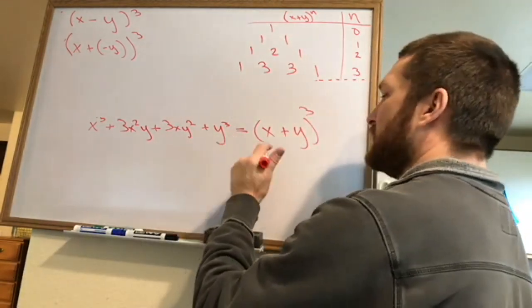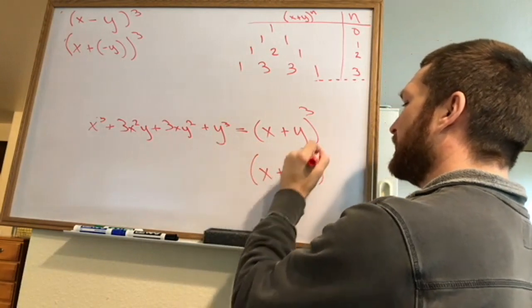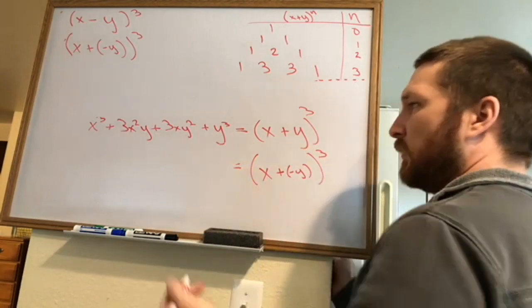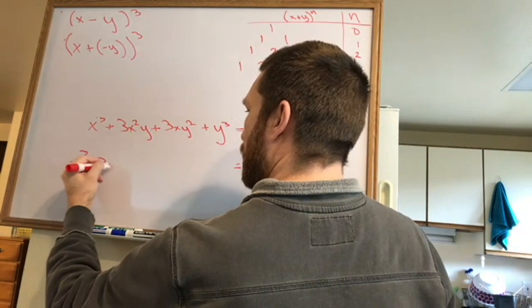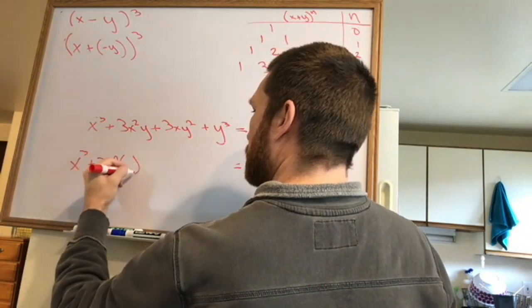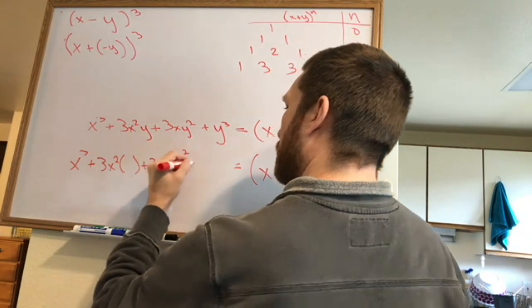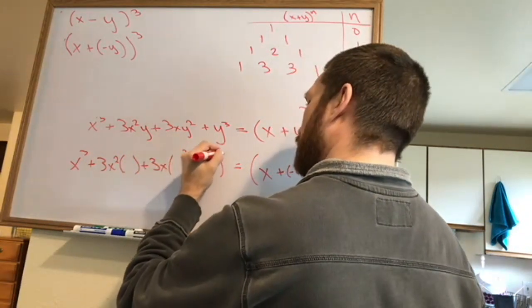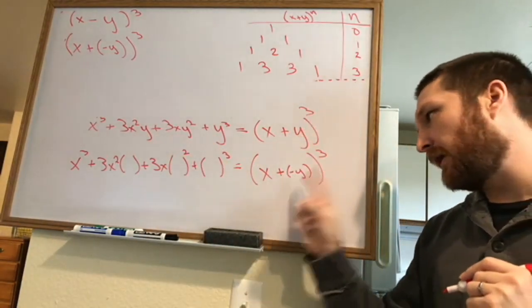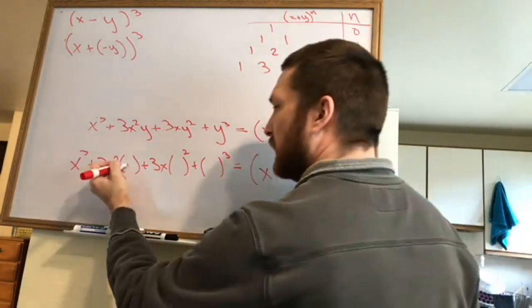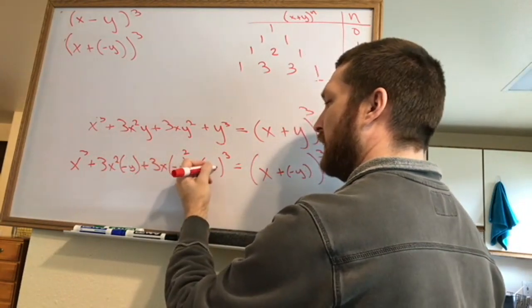So basically what I'm doing here is saying x plus negative y to the 3rd is equal to, and x cubed does not change, plus 3x squared, and I'll deal with that in a second, 3x whatever squared plus that cubed. And now instead of a y, we're just plugging in a negative y. And so that's the same as negative y, negative y, negative y.